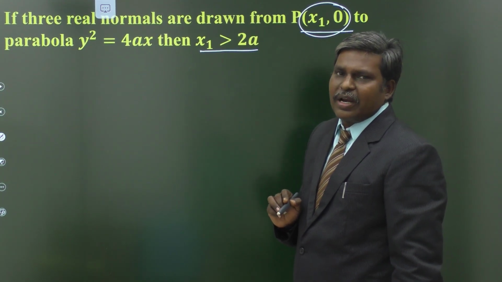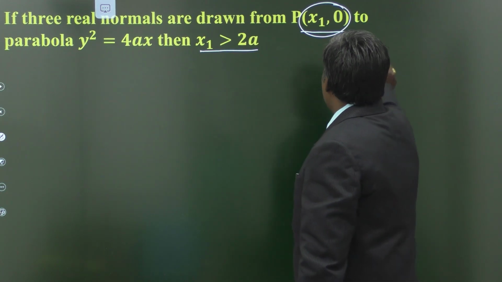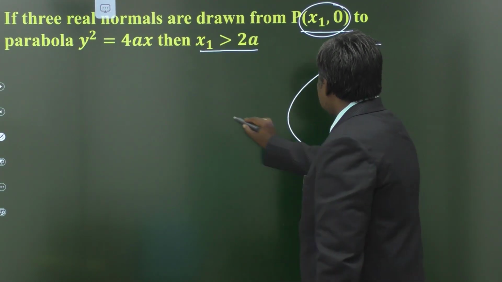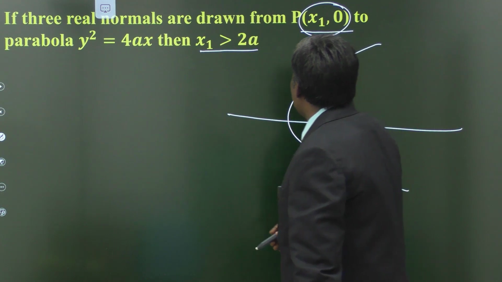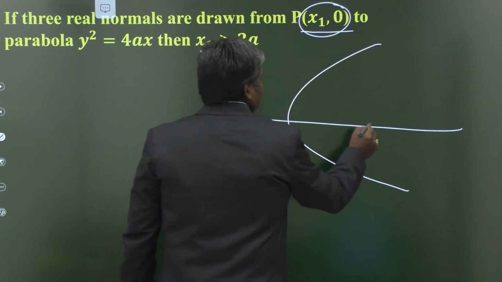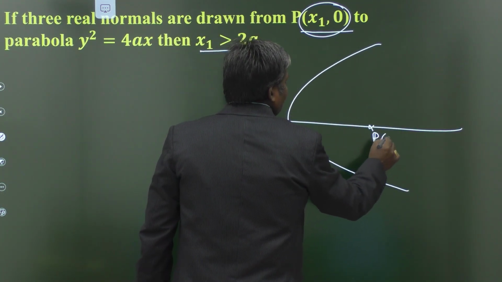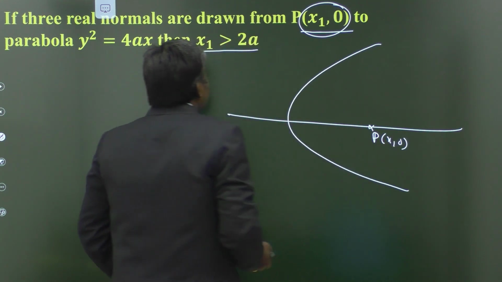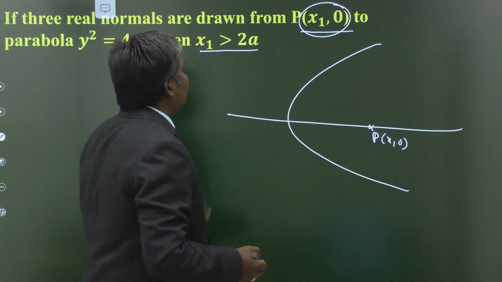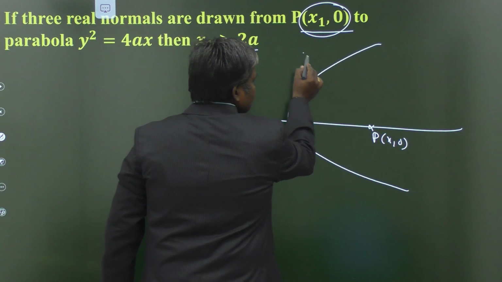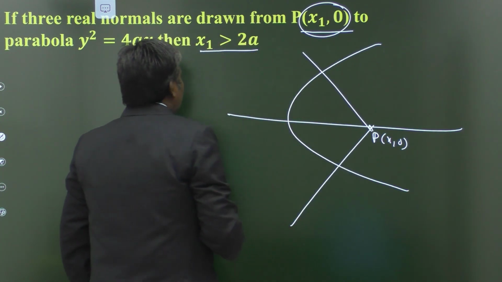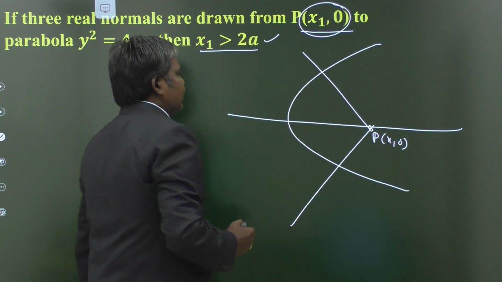What is the axis of the parabola? The x-axis. So, if you take a parabola, this is the axis of the parabola, your point P is here, (x1, 0). From this point, if you want to draw 3 real normals, then x1 must be greater than 2a.